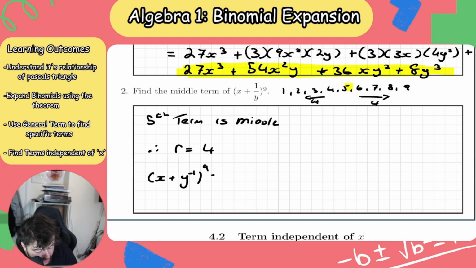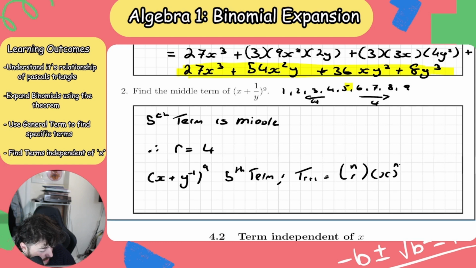So the power of 9, and I am looking for the middle term, which is the fifth term. So sub into my general formula: T r plus 1 is equal to n choose r times x to the power of n minus r times y to the power of r.